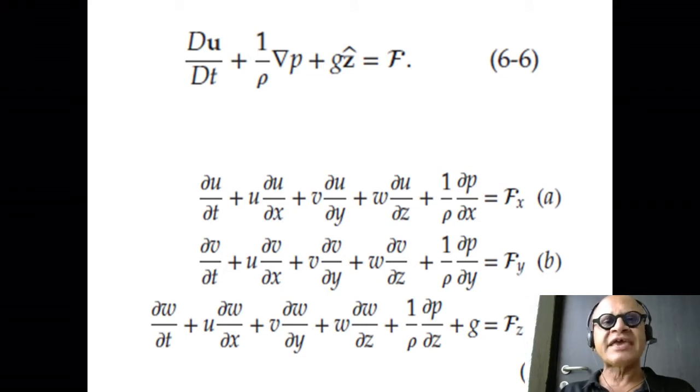There are special cases where you can solve them, and we'll see some simplifications which allow us to extract some simple solutions which are still incredibly insightful in terms of the physics they represent.